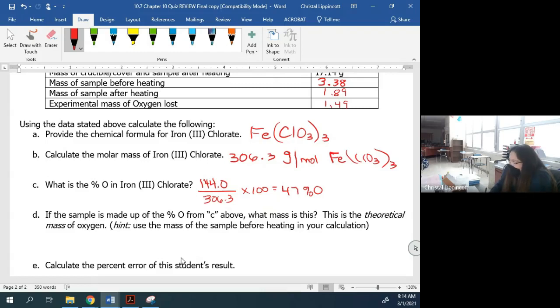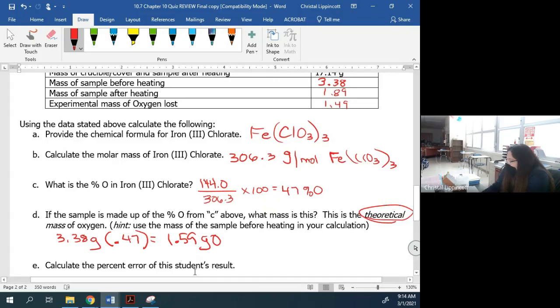Well, our sample was 3.38 grams, times, I'm going to take this out of the percent form, 0.47. I should have ended up with 1.59 grams of oxygen produced. I actually ended up with 1.49. In theory, that's why they call it a theoretical mass. In theory, I should have ended up with this amount. Does that make sense?